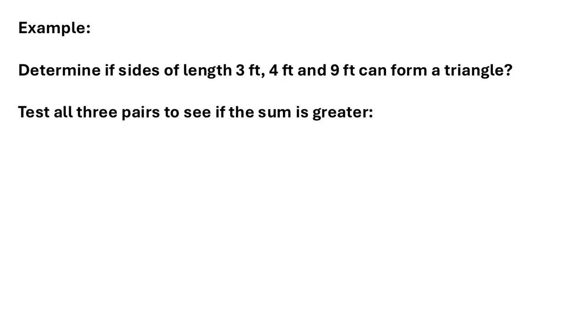Let's look at the next one. Determine if the sides of lengths 3, 4, and 9 can create a triangle. It says to do 3 pairs of work. No, we're just going to do the 1. We want to add up the 2 smallest sides. What are the 2 smallest sides given to us?